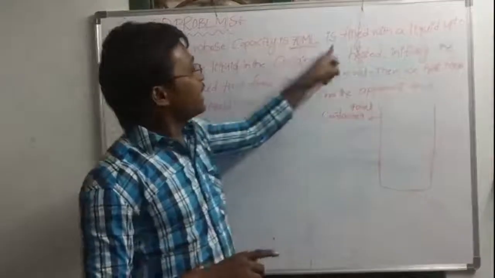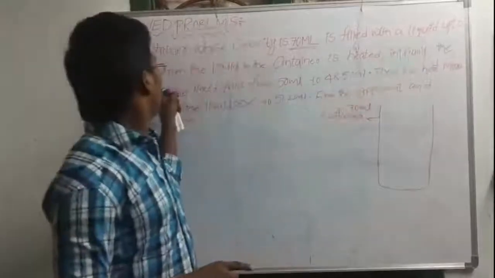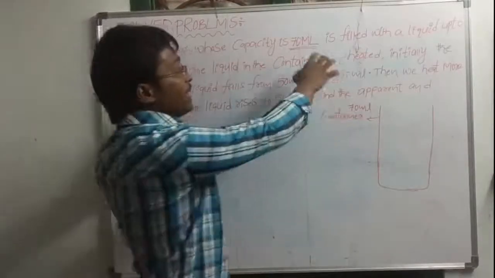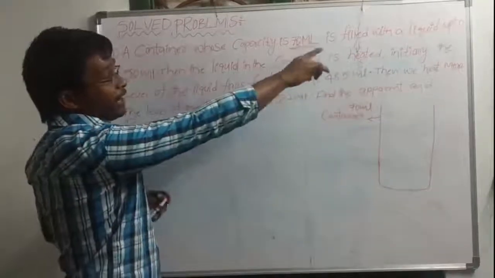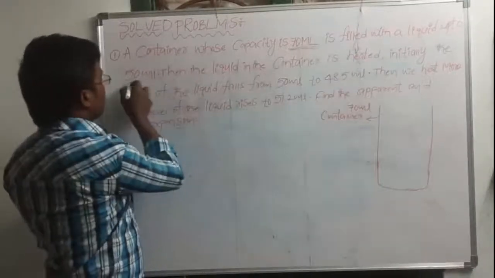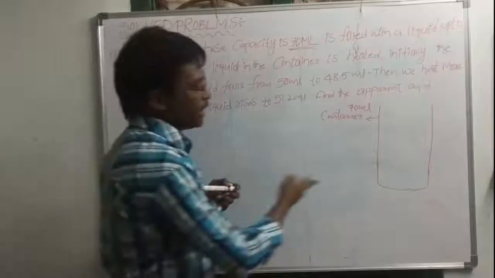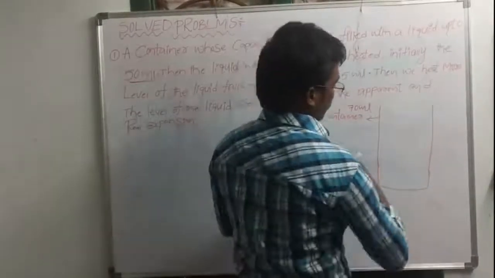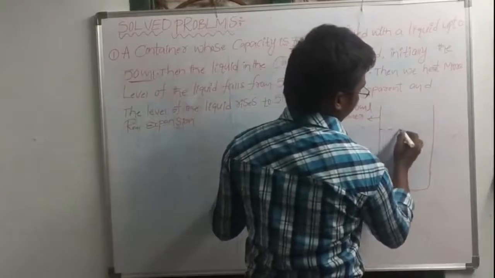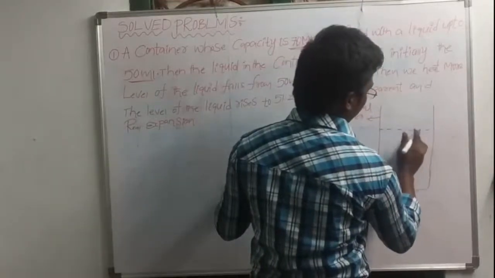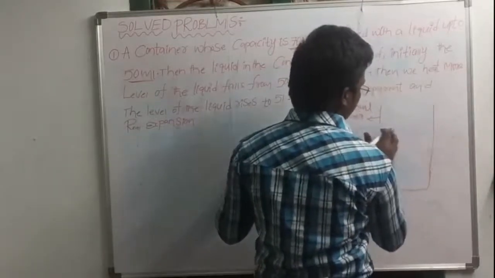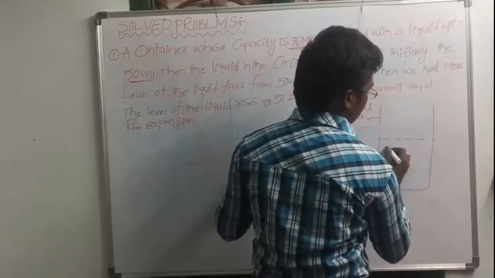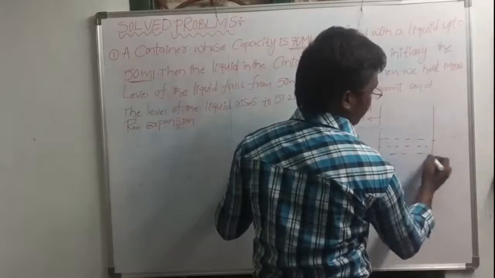Is filled with a liquid up to 50 ml. Actually, the container capacity is 70 ml, but it is filled with a liquid up to 50 ml. So, we pour liquid till here. This is the liquid.